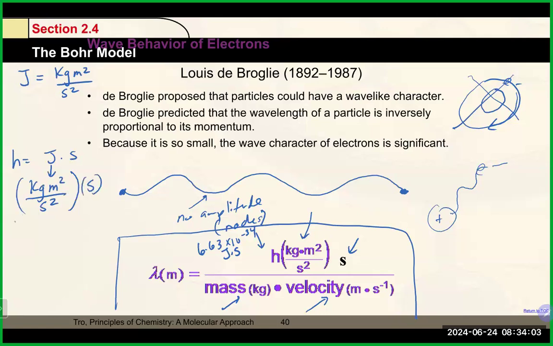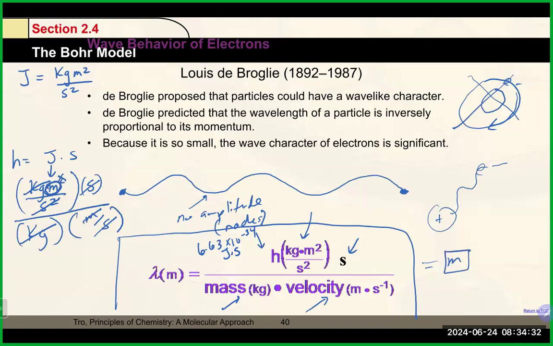And if we take the mass in kilograms and the velocity in meters per second, we will end up with a second here and a second here. We'll cancel both of those out. Kilogram will cancel a kilogram, and a meter will cancel out one of the meters. This will leave you just one meter left over in terms of units, and that will give you your de Broglie wavelength in meters.